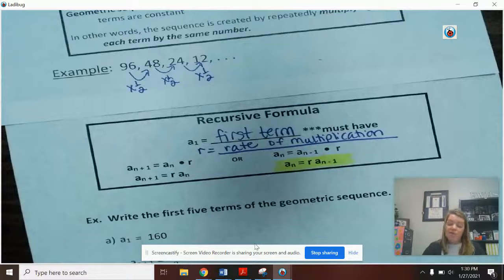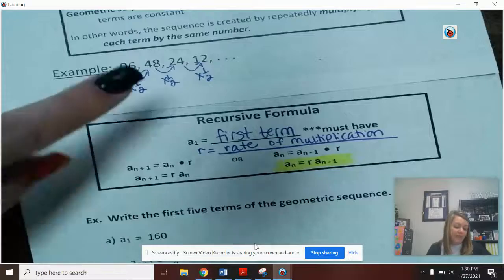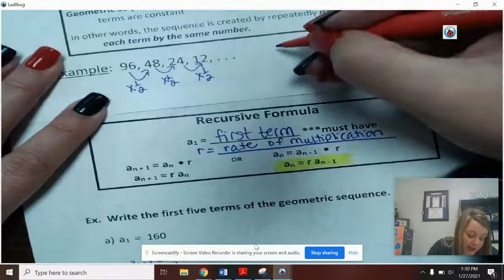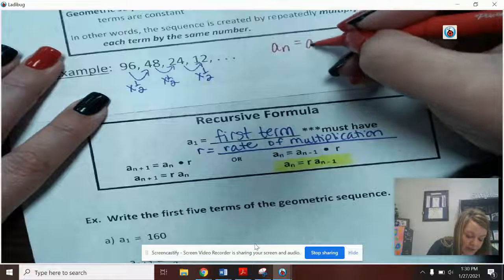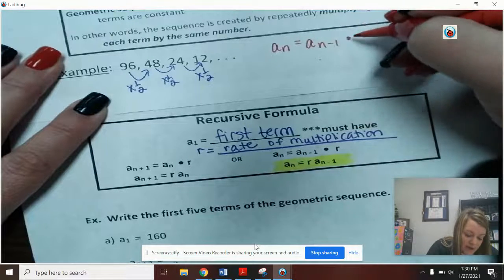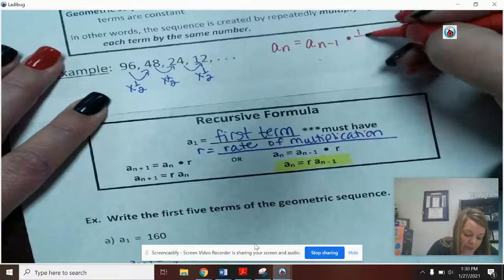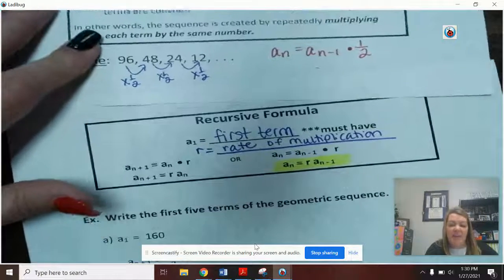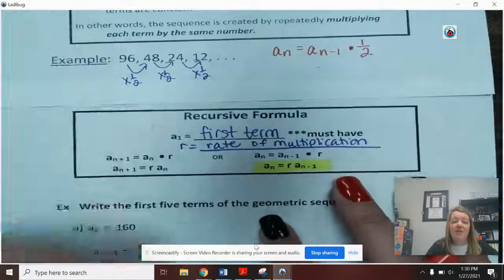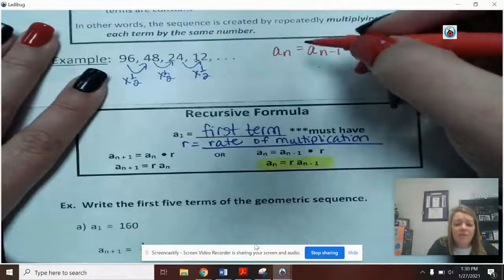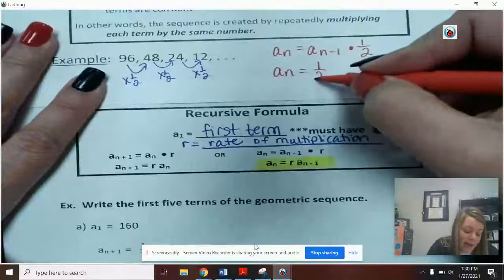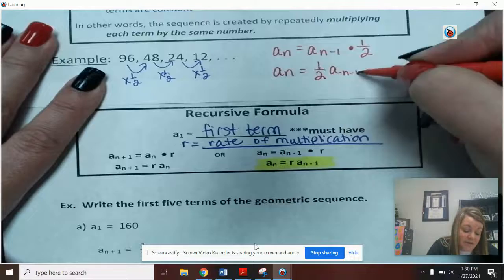So let's go back up here and write the recursive formula for this one. If you write A sub n equals A sub n minus 1 times R, the R is 1/2 here. Well, this looks just a little bit messy written like that. So if I'm going to clean it up a little bit, you could write it as A sub n equals 1/2 A sub n minus 1.